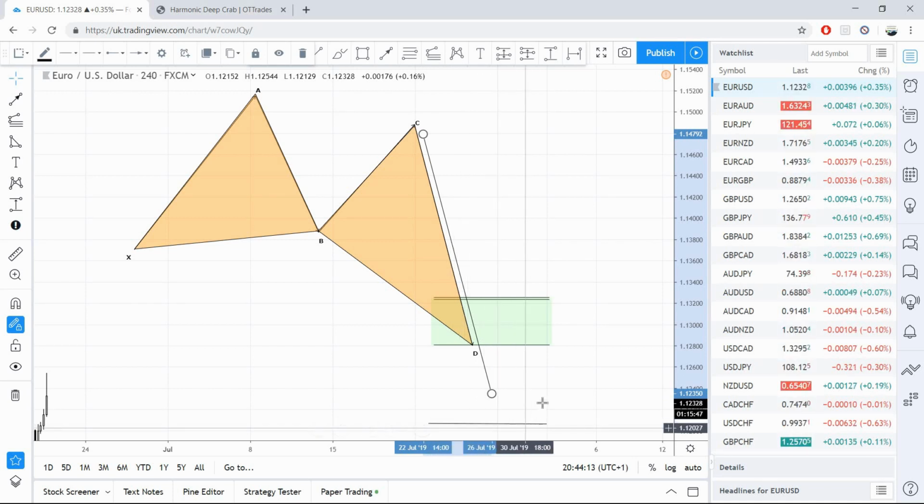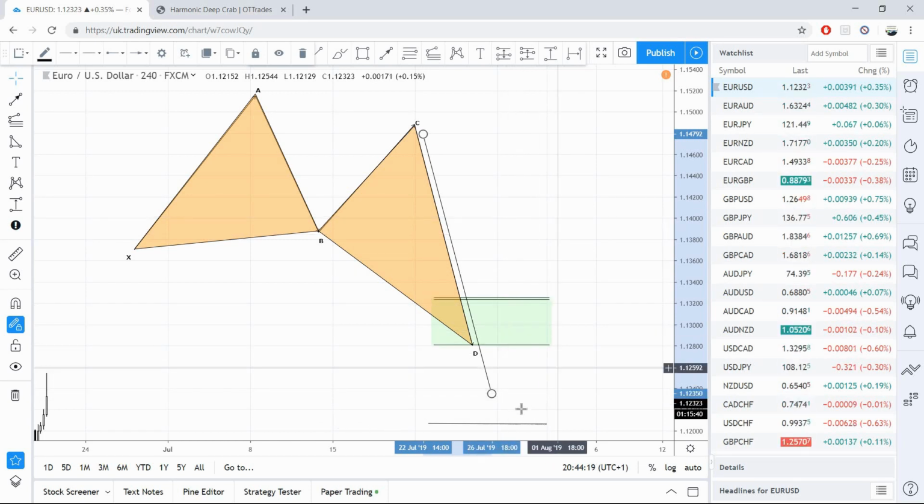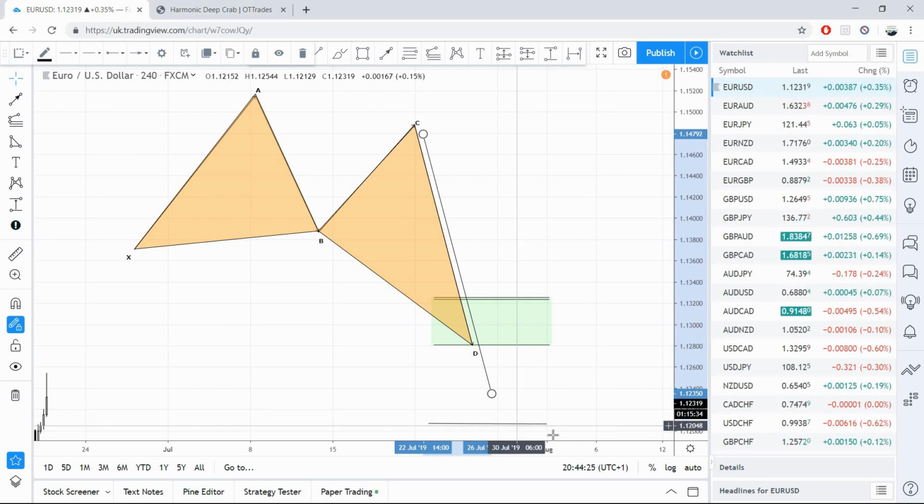So this pattern is no longer valid. We're no longer expecting price to reverse. If price breaks through this level, the chances of this pattern working are slim, so we're expecting price to continue lower. Hence why we've cut our losses, we've got out of the trade at this point here. So technically this is the pattern invalidation point.